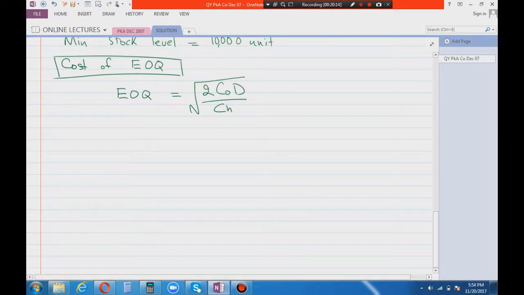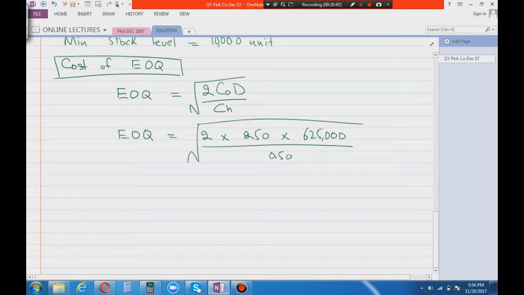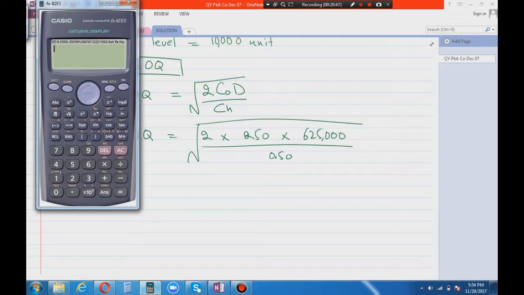And maybe in the restaurant the square root is the restaurant. So economic order quantity is 2 multiplied by cost of ordering, cost of one order, which is 250 euros, multiplied by demand, which is 625,000, divided by cost of holding one unit for 1 year, which is half a euro, right?